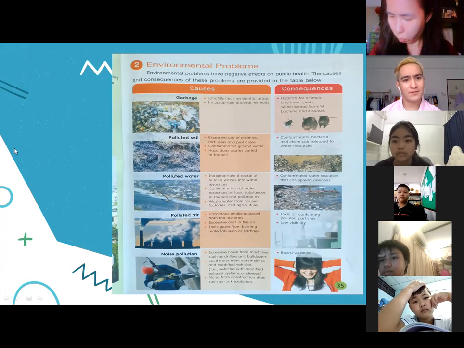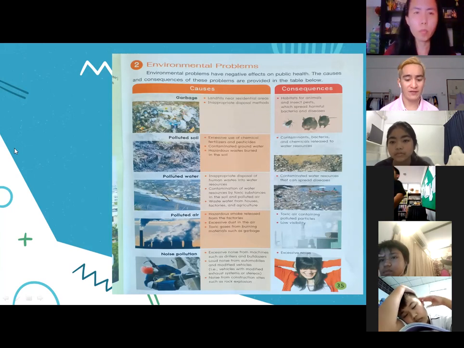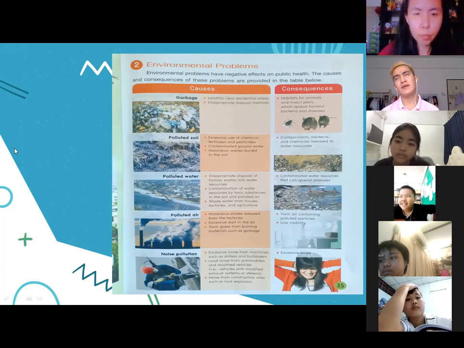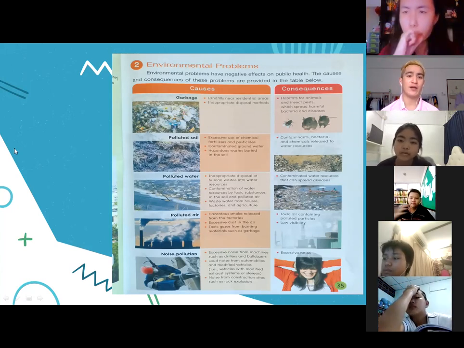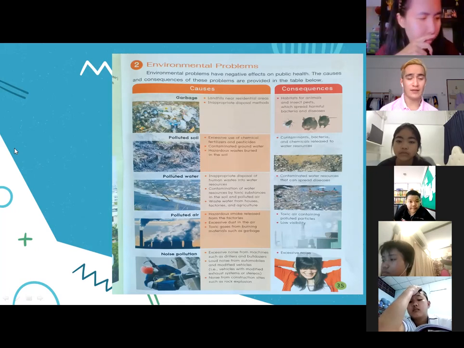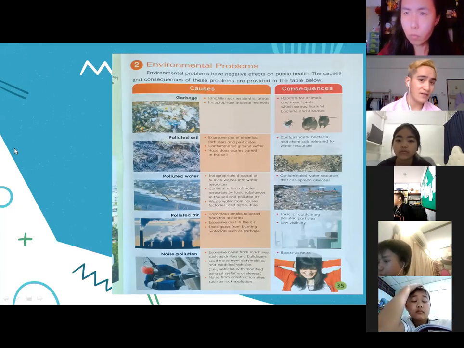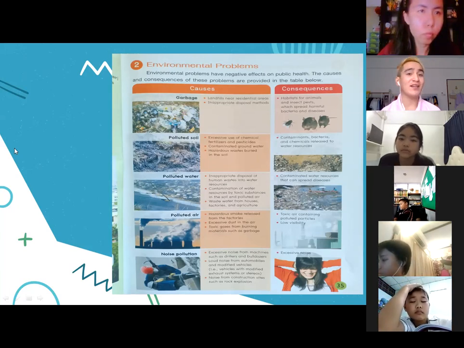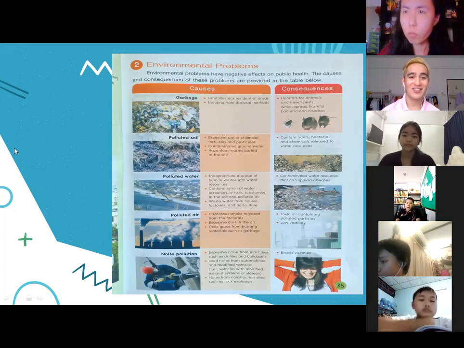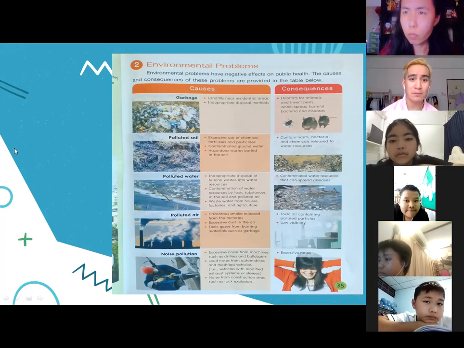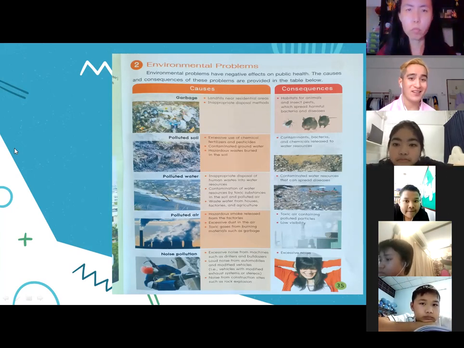That's why we have these environmental problems, because of people. So always be mindful of everything that we are doing to our environment, because the environment can live without us, but we people cannot live without our environment. The earth can live without people, but people cannot live without the earth, because the earth is our environment, it's our home.